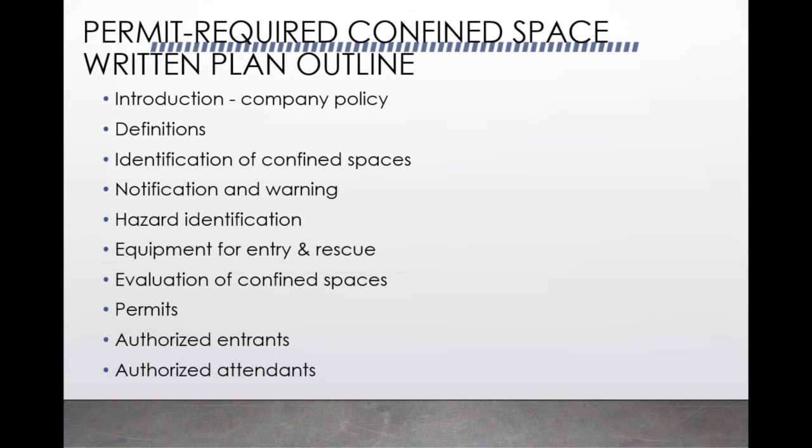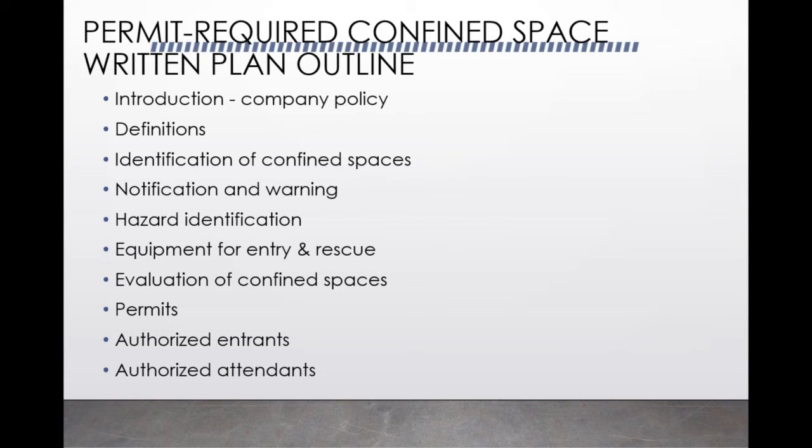So you're going to identify the hazards, equipment for the entry, and equipment for the rescue is going to be part of that written plan. And then you're also going to have your evaluation of the space. Usually that's going to be that flow chart that says if this condition is there, and this condition, and this condition, it's going to lead you to if you need a permit for that space.